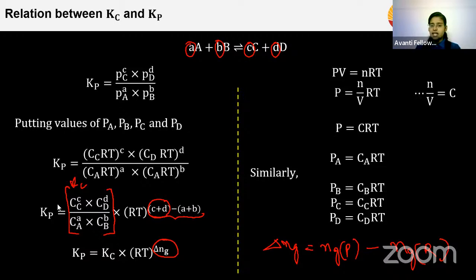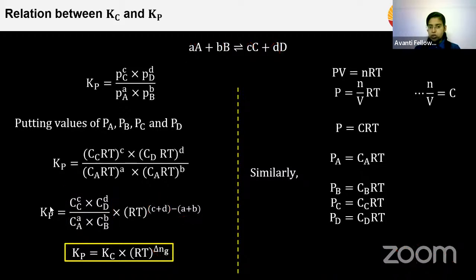So instead of writing this entire thing, I can put delta Ng. So the relationship between Kp and Kc is this: Kp is equal to Kc into RT power delta Ng.